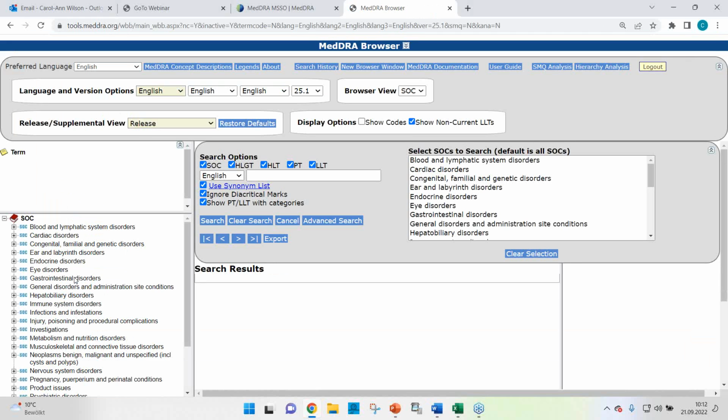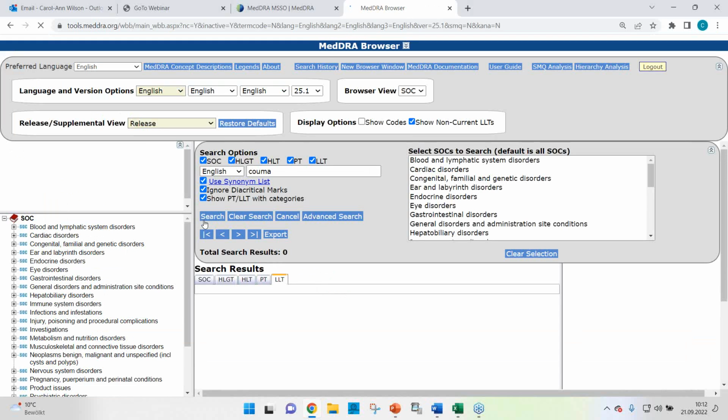So now let me search for the string Kuma and see whether we find something that relates to Coumarin. Nothing, because MedDRA is not a drug dictionary, so usually you only find class names for drugs.